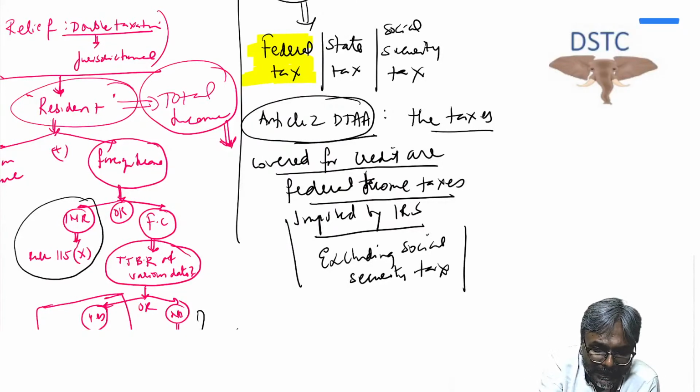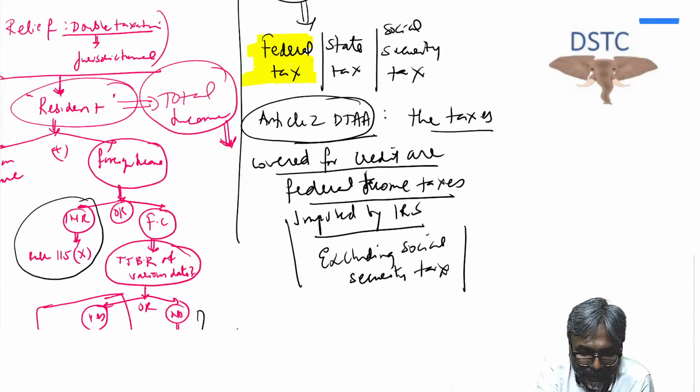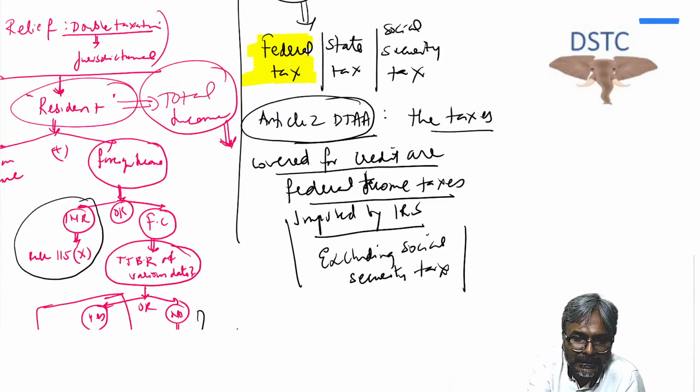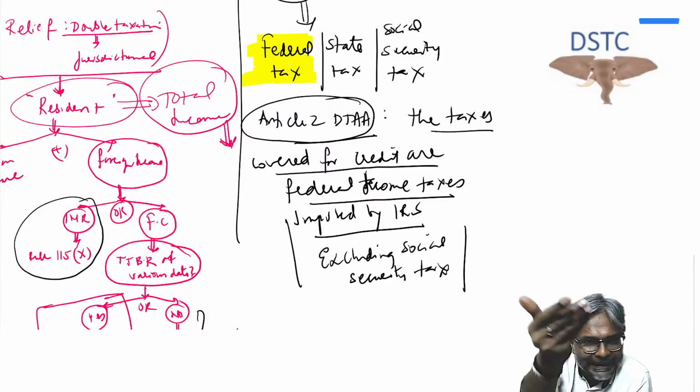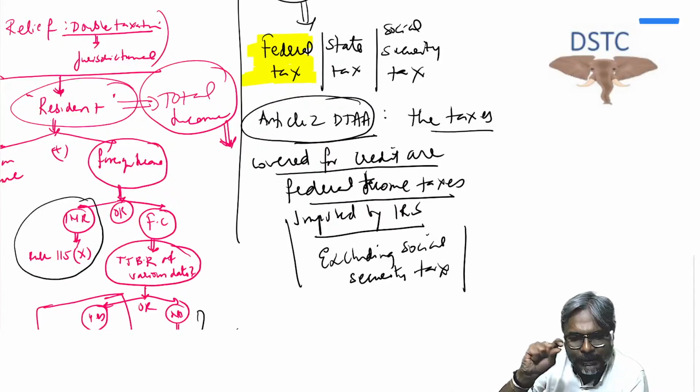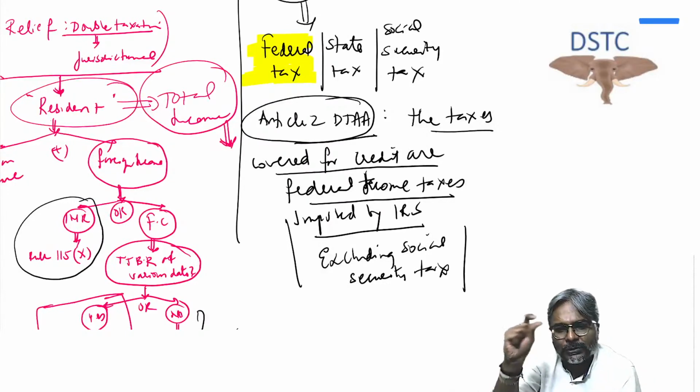Now, one observation: you'll say, sir, obviously they have mentioned it very clearly. Federal tax has to be considered, so we will also consider federal tax. But understand one thing, state tax in any case is not to be considered. But then what is the impact of excluding social security tax?